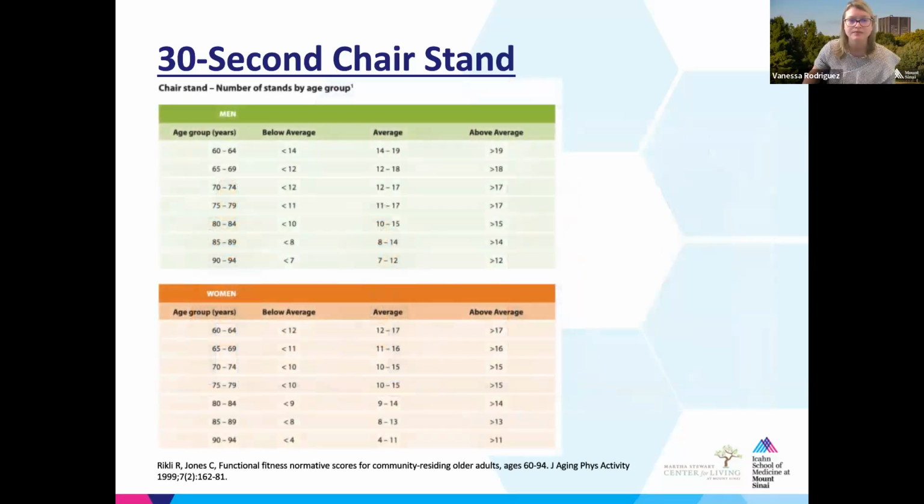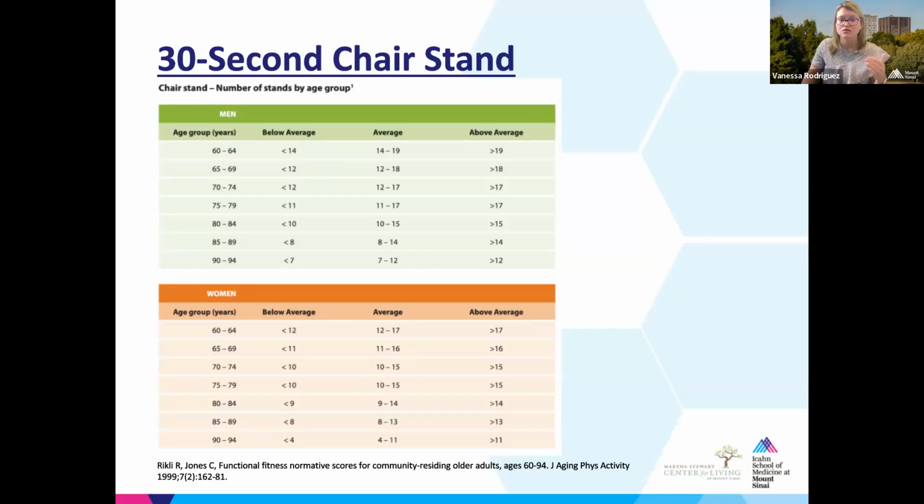And one important piece of this is that on these tests, they do allow for predicting how much you expect by age group a person to do, and also by gender. So it's good to know that if you have, for example, a woman that is between 85 and 89 years old, the expected average would be perhaps different than a person that is 65 to 69.